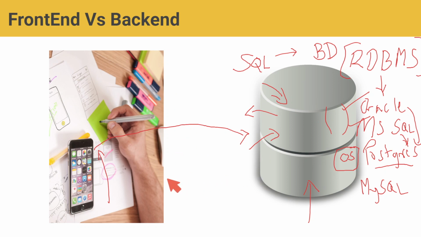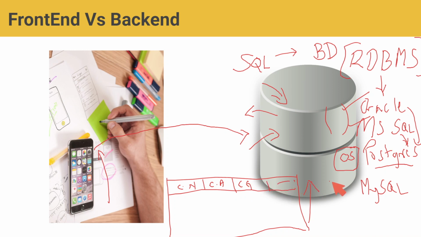So in order to store customer data we can design a table like this, in such a way that there will be customer name, customer age, customer gender, and various other details that you want to capture for that customer.